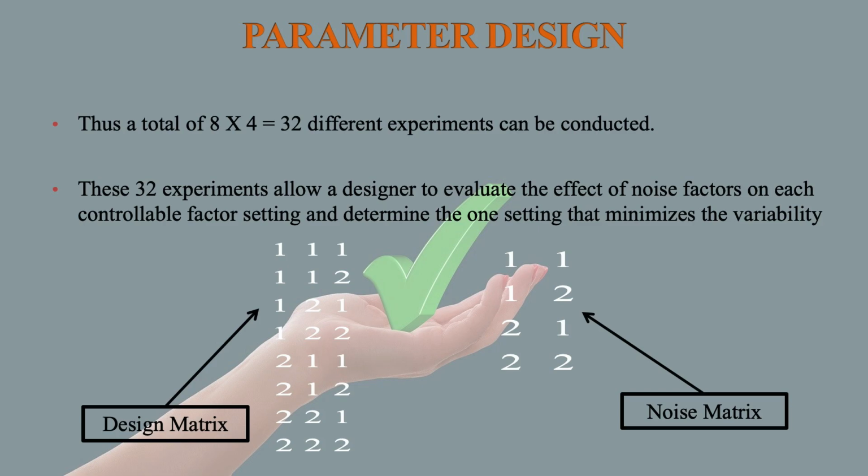These 32 experiments allow a designer to evaluate the effect of noise factors on each controllable factor setting and determine the one setting that minimizes the variability. So by doing 32 experiments, we can get the one highest performance combination, which will be the best combination of factors that will enhance the efficiency of a product or a process or minimize the defects.